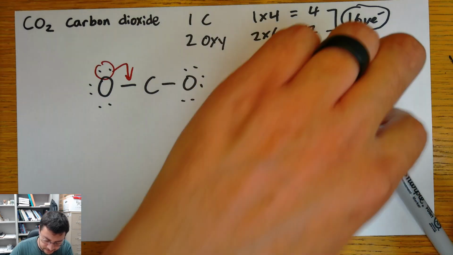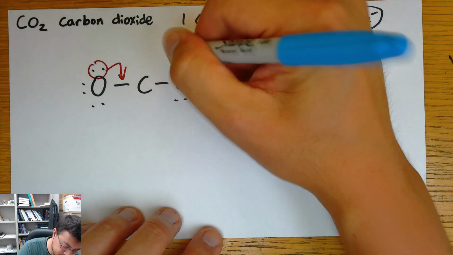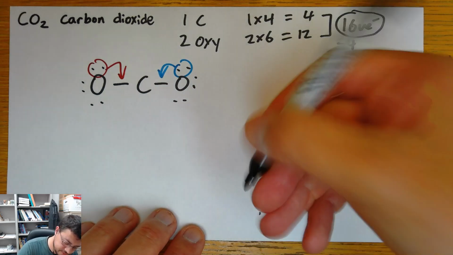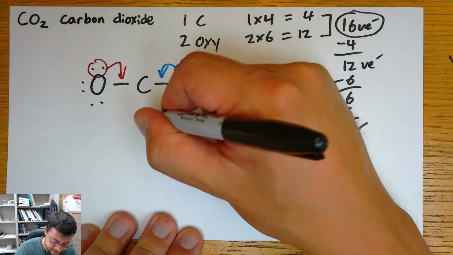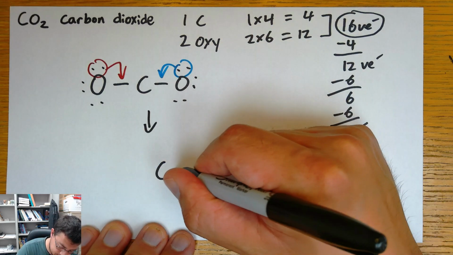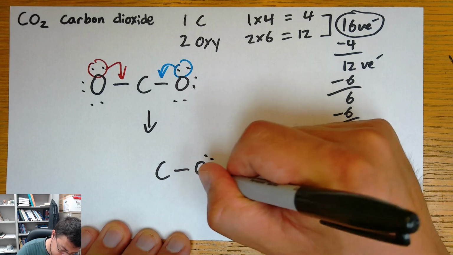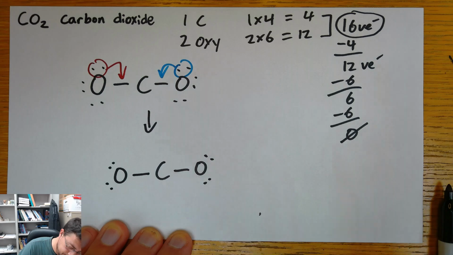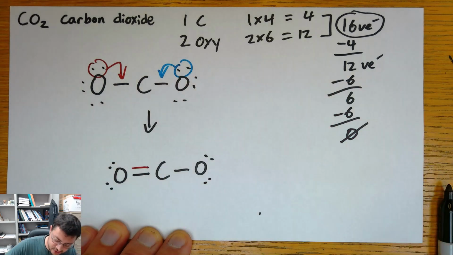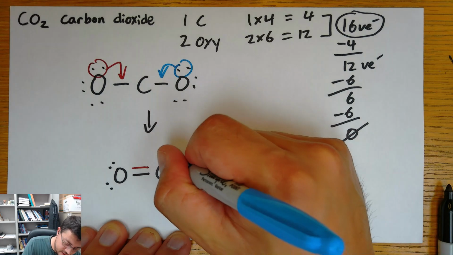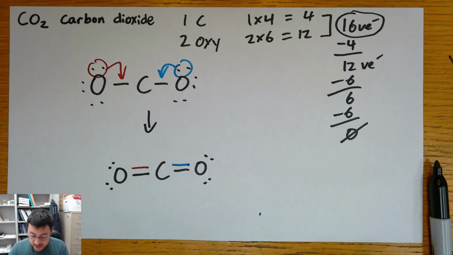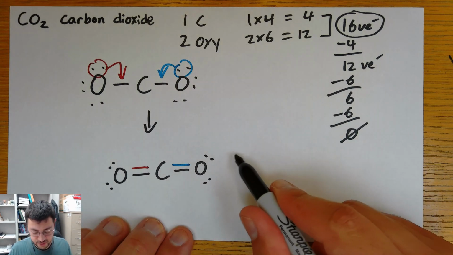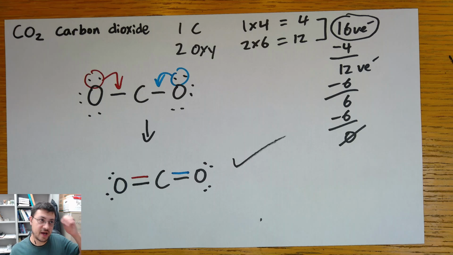I'll use red there, and then this one, I'll use blue. And I'll stick with those colors to show the electrons that were turned into those double bonds, the second bonds. All right, so this would be our Lewis structure for carbon dioxide.